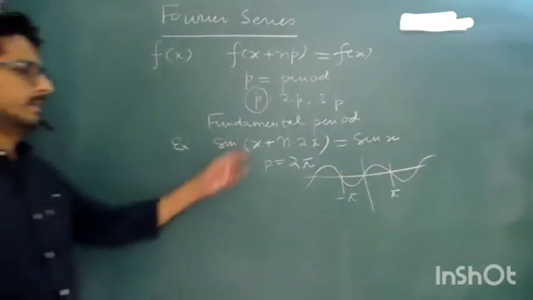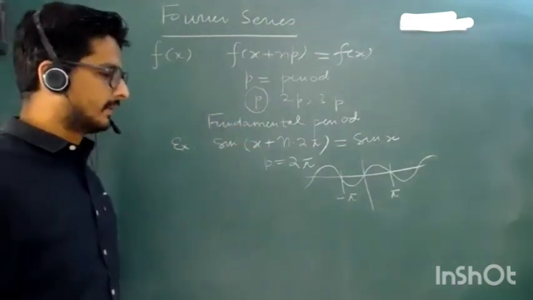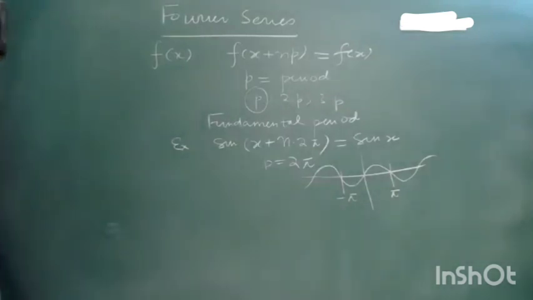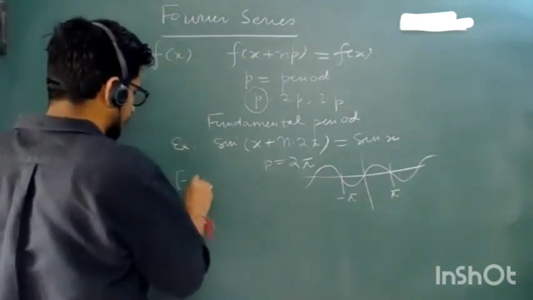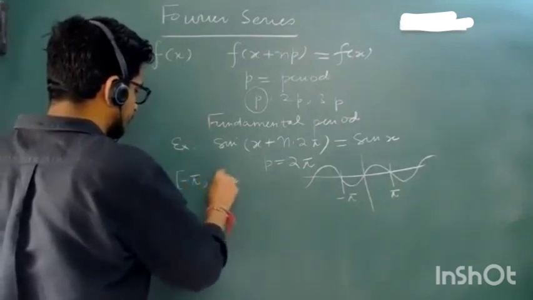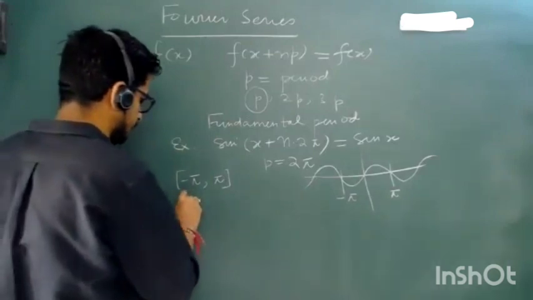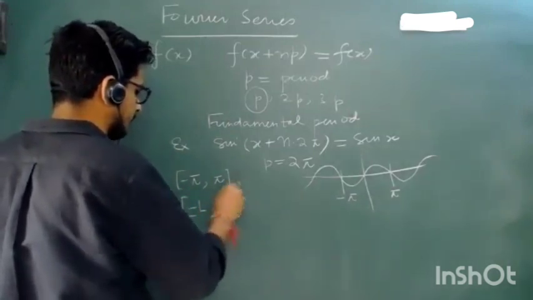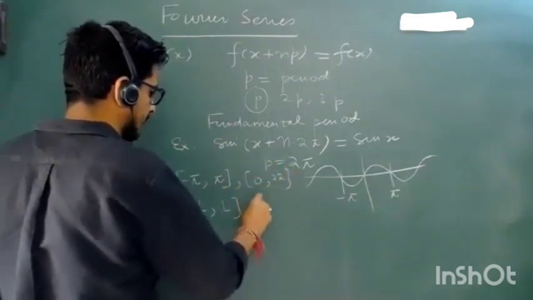This will be very important because in some questions the period will not be given, but from the figure you have to guess what the period is, and then solve the problem. I told you both cases, minus pi to pi and minus L to L, and also 0 to 2 pi and 0 to 2L.